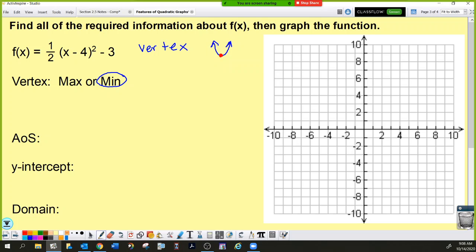And since this is vertex form, it hands us our vertex at what makes the inside equal 0, comma, the number to the far right: 4 comma negative 3. The vertex is always in the dead middle, which means the axis of symmetry is also here at x equals 4.